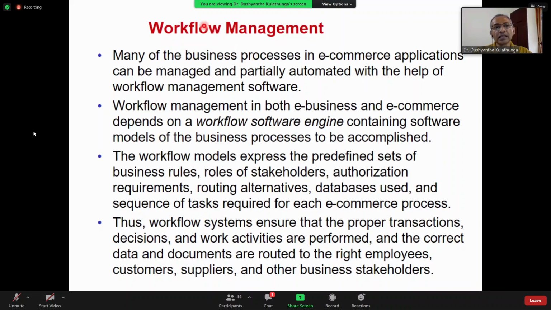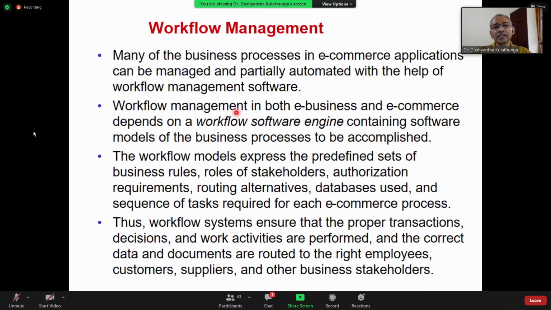Anyhow, a workflow is a collection of tasks which are basically repeated by the organization usually every day. Workflow management, in both e-business and e-commerce, depends on a workflow software engine containing software models of the business processes to be accomplished.